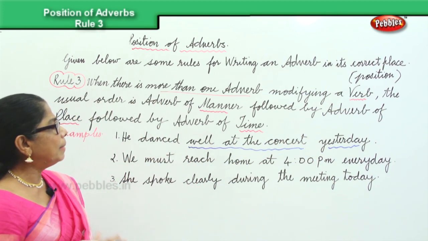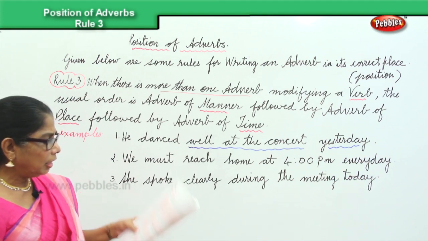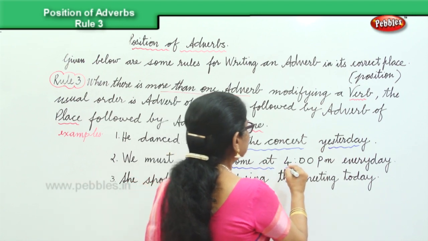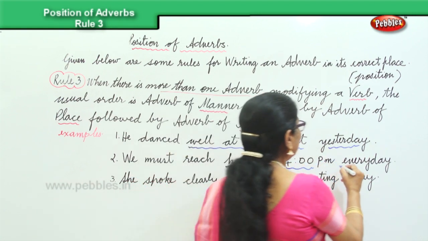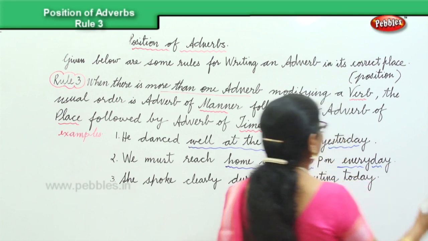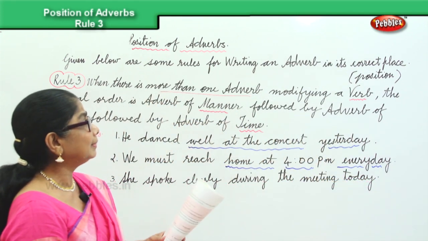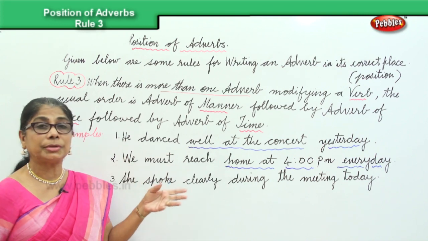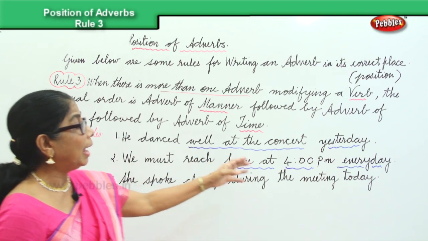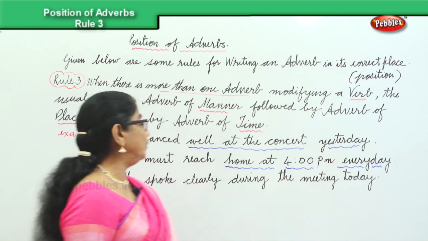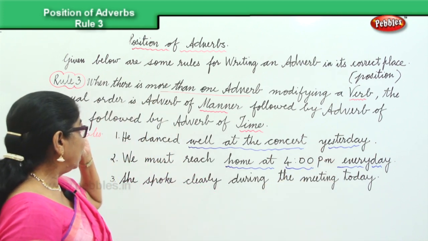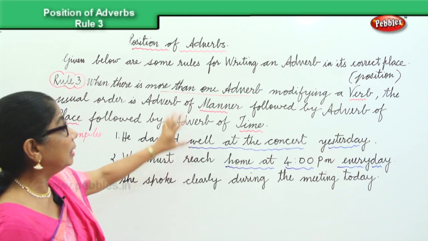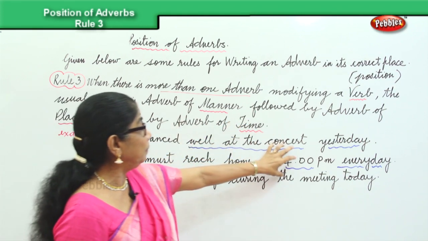Now, we must reach home at 4 p.m. every day, not one day. Home, where? That is the adverb of place. When? Every day at 4 p.m., adverb of time.